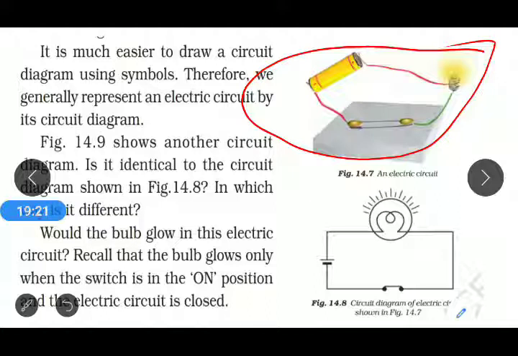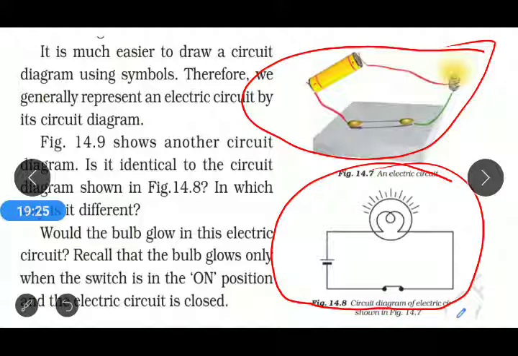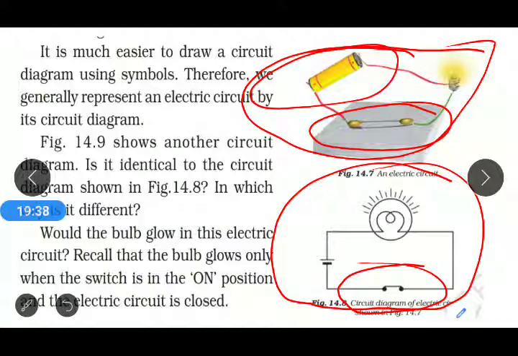That can be drawn in the second picture, your figure 14.8. There you can see the switch is replaced by its symbol. This is the symbol of an electrical switch. This is the electrical cell, replaced by its symbol.